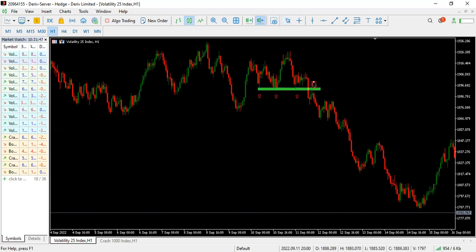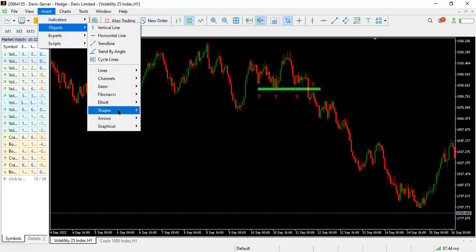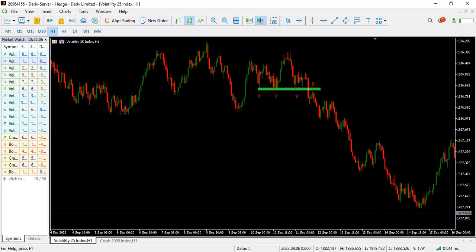So now, here you're going to sell, and you put your stop loss above. By looking at what happened here, your first TP is going to be at this level, using what happened on our left-hand side.